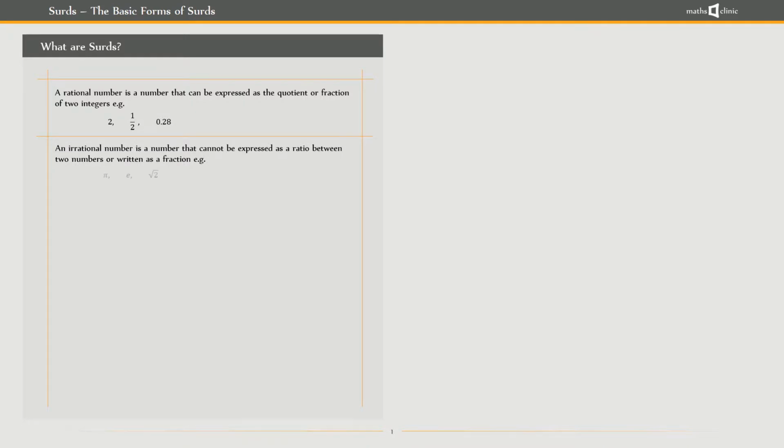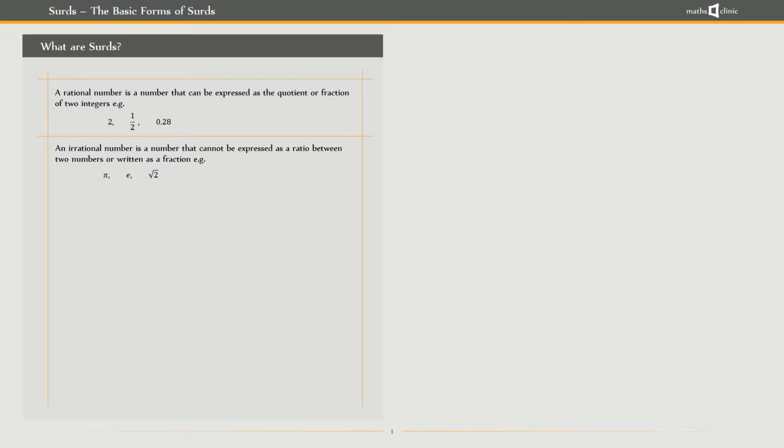Basically, another good example is e. And basically e is Euler's number, and we use e when we work in natural logarithms. And e also is a decimal, and it's also infinite, and we basically cannot express e as a fraction. Okay, and we also have root 2.